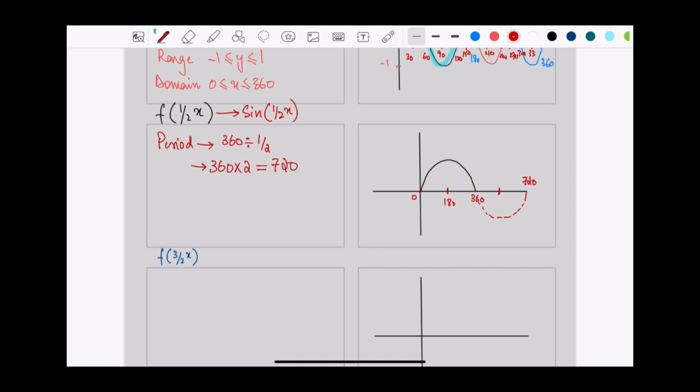And you can see that one complete wave is completed at 720 degrees. The domain of this graph is 0 to 720 because the graph, as you could see, is between 0 and 720. The range of this function is again 1 and -1.